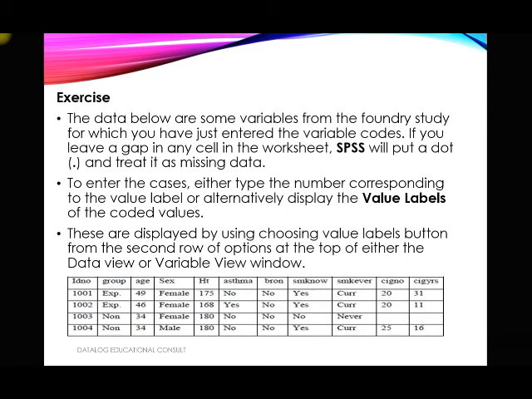These are displayed by choosing the value labels button from the second row of options at the top of either data view or variable view. Let me show you how that works.